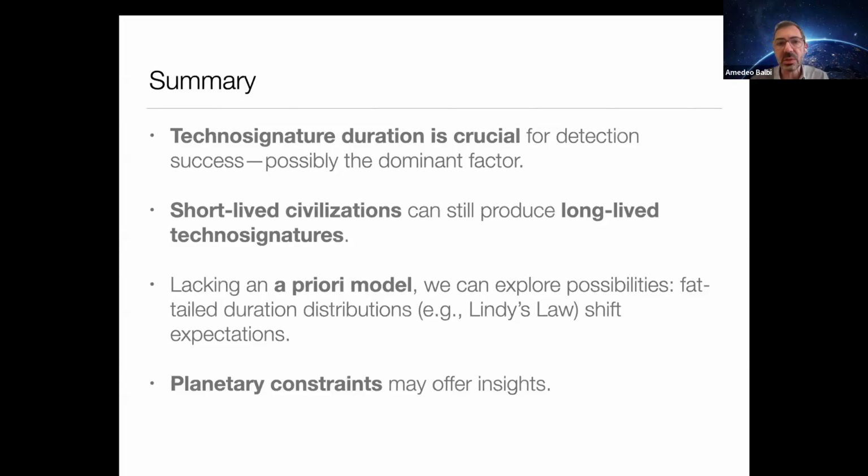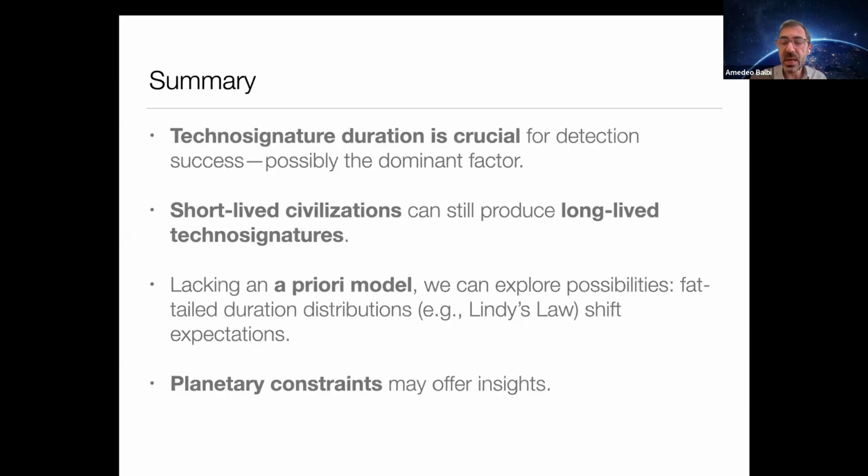So suppose you convince yourself that there is not much hope of detecting short-lived technosignatures like the ones that our civilization is able to produce right now. Then you can focus your effort on detecting only long-lived technosignatures, for example, beacons or Dyson spheres or megastructures.